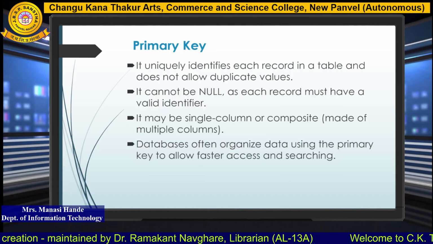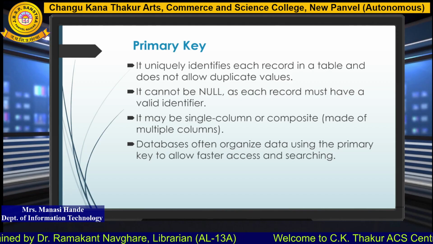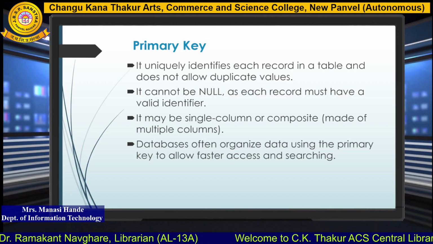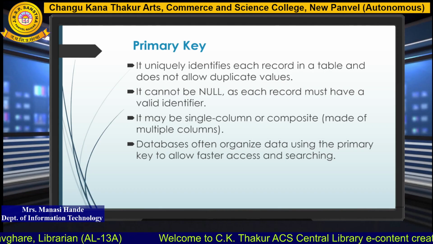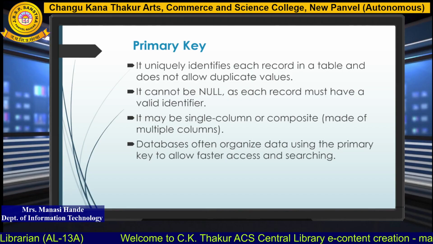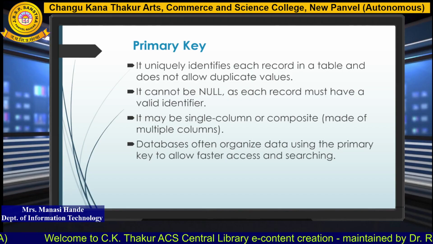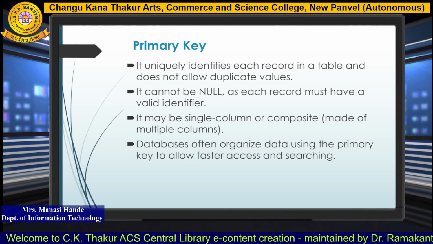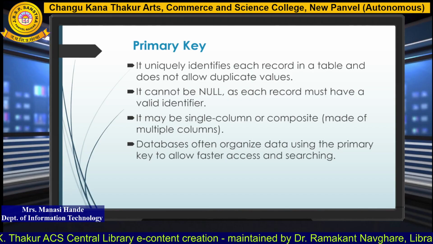Primary key. Let us begin with the primary key, which is the most important key in a table. A primary key is used to uniquely identify each record in a table. There are two important rules for a primary key. First, it cannot contain duplicate values, and second, it cannot contain null values. Every record must have a valid identifier.